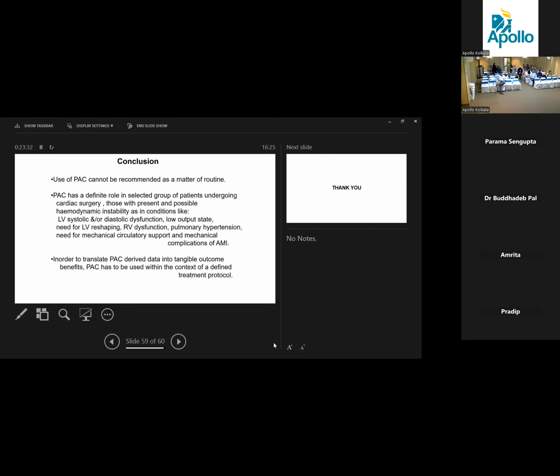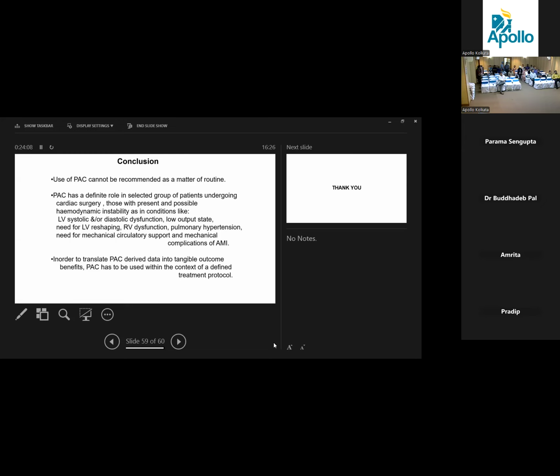So to conclude, the use of PA catheter cannot be recommended for all patients. It should not be used as a routine practice, but it has a definite role in a selected group of patients undergoing cardiac surgeries and those with present and possible hemodynamic instability, as in conditions like LV systolic and diastolic dysfunction, low cardiac output states, need for LV reshaping, RV dysfunction, pulmonary hypertension, need for mechanical circulatory support, and mechanical complications of AMI.